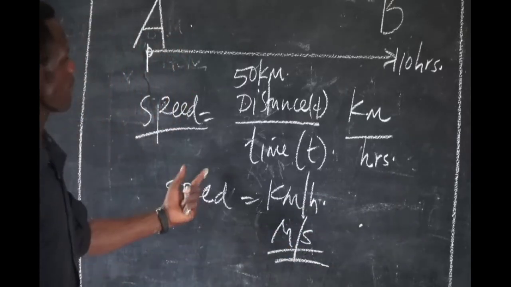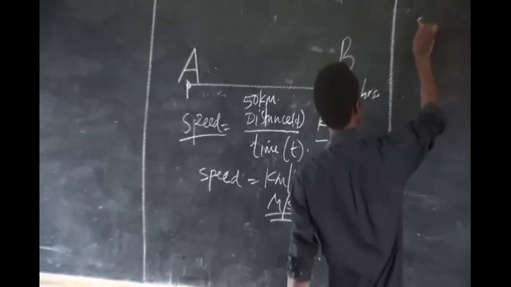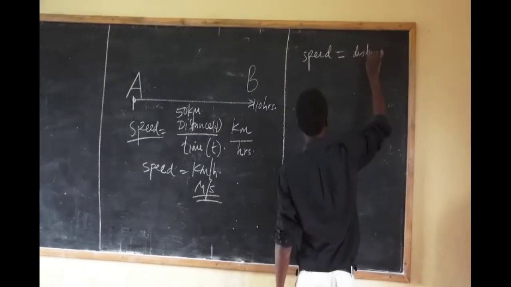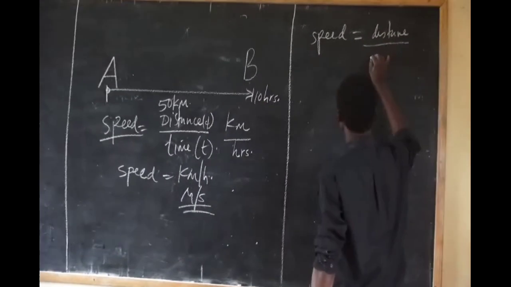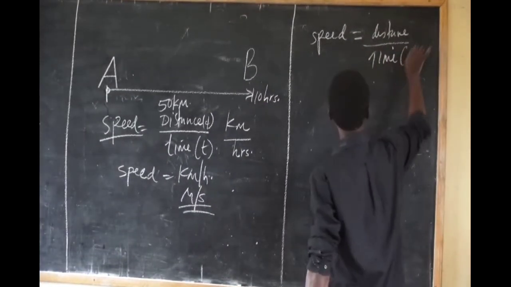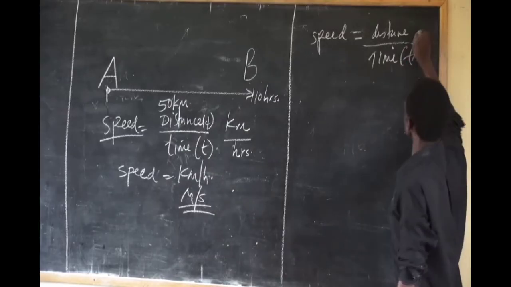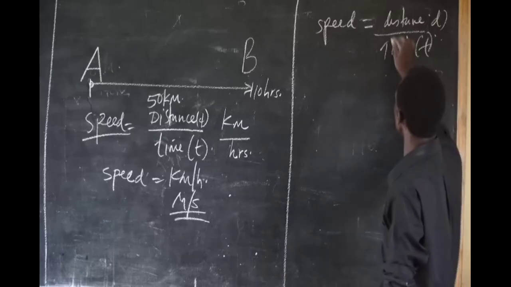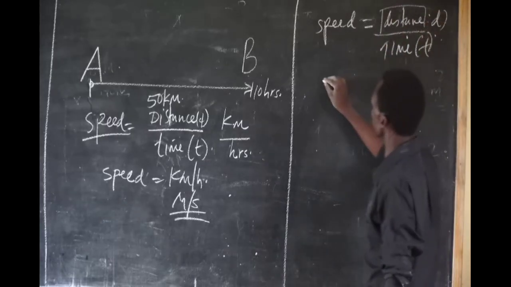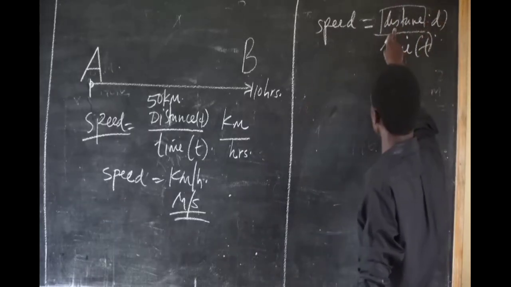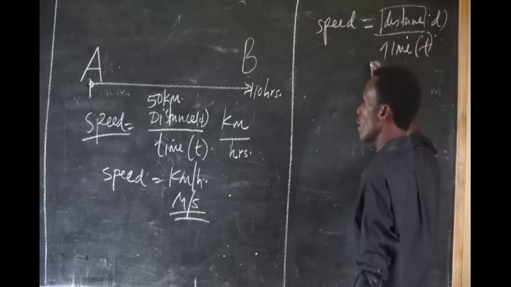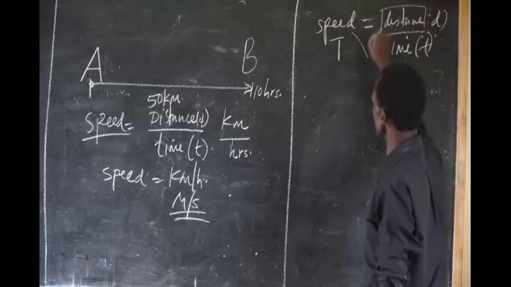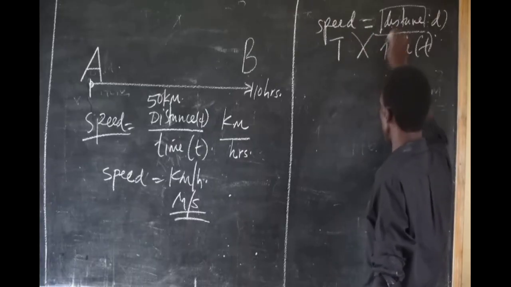If we know speed is equal to distance over time, and we want to calculate the distance, we make distance the subject of the formula. We put time over 1 to make it a fraction, then cross multiply.